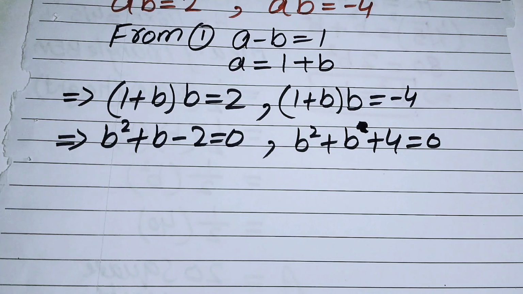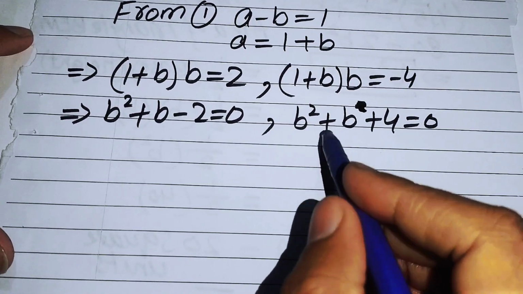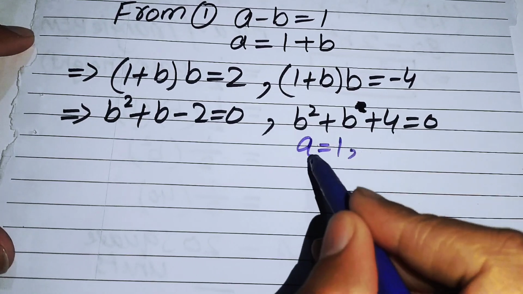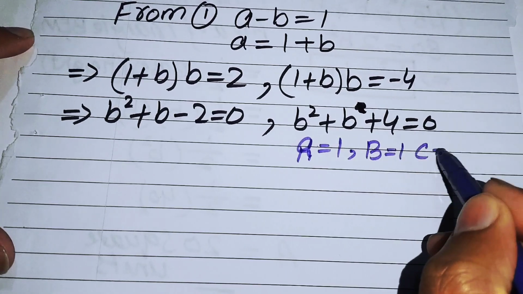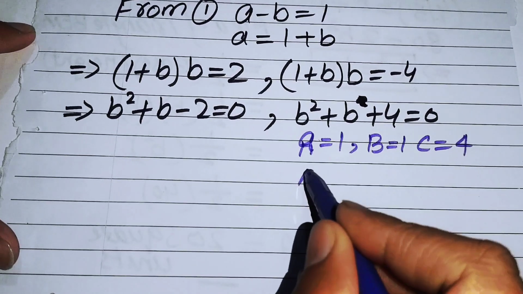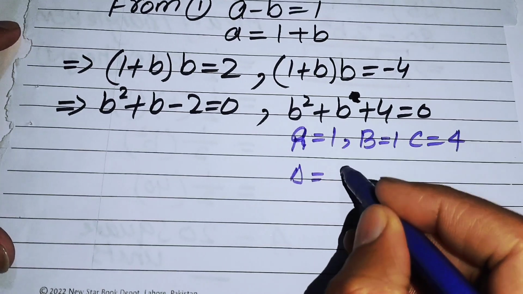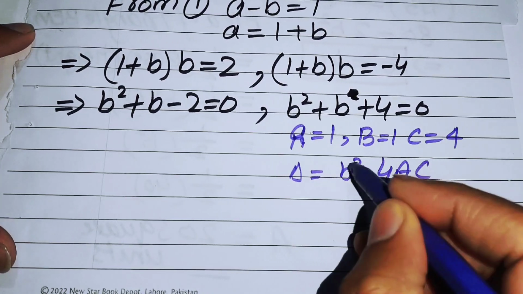So now first we check whether this equation has real roots or not, because we need only real roots. So we write the coefficients of this equation and the coefficients are a equals to 1, b equals to 1 and c equals to 4. So we use the discriminant formula. In the discriminant formula we have delta equals to b squared minus 4ac.